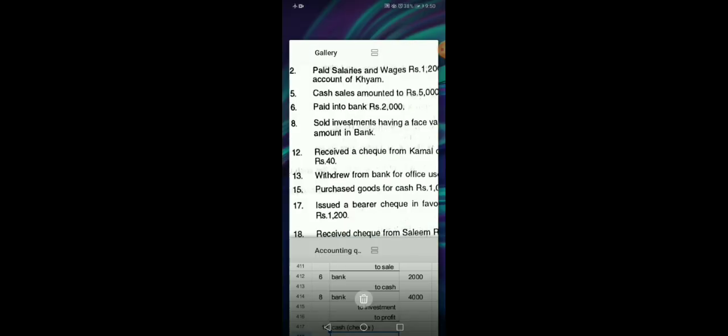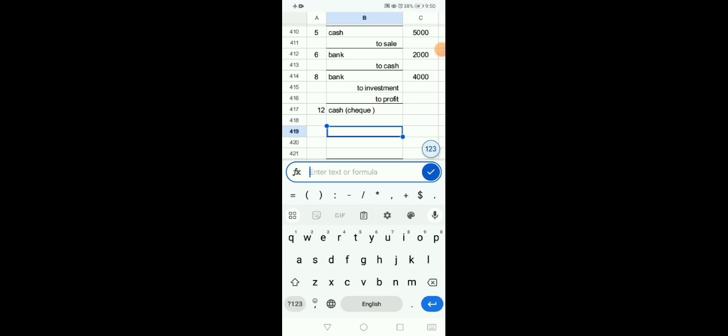From whom are you receiving this check? The person's name is Kamal. Kamal is a person who was your account receivable. You have received a check from Kamal. Kamal was your account receivable, but now you have received the amount from him. No matter in the shape of cash or check, you have received the amount from your account receivable Kamal.